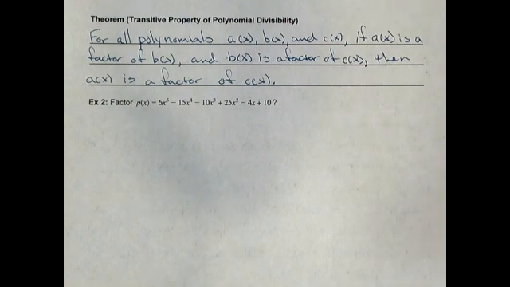There are a lot of different things we could do. What I'm going to do is group these in chunks that I know I can factor a common factor out of and then factor them easily. At a minimum, I need chunks that have two terms, but they can be as long as I want them to be.